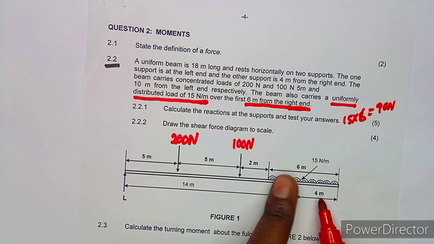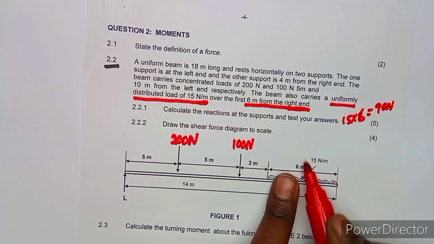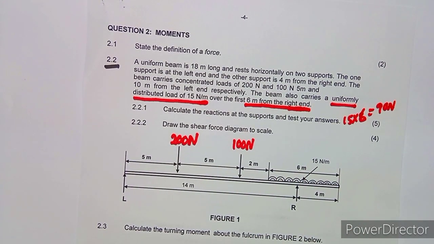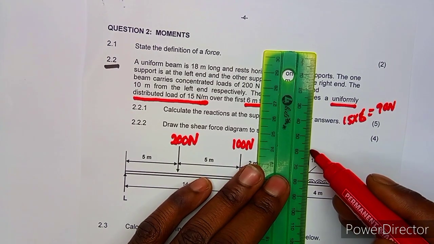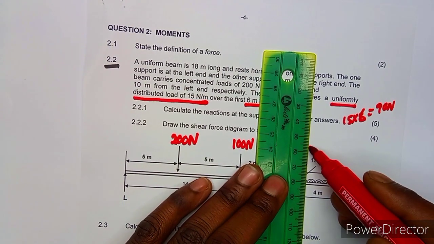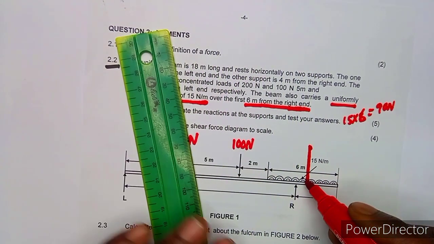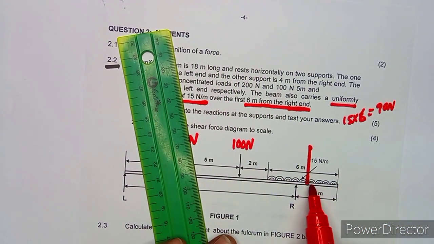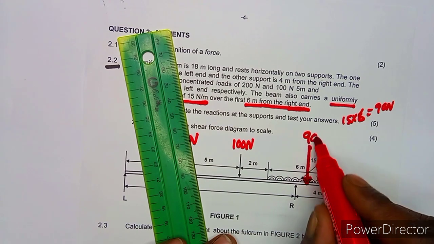But take note, here we've got 4 meters, so the 3 meters is in between here. I'm just going to use this diagram today so that we can see this. Remember, if we multiply 15 and 6, we obtain 90 Newton.